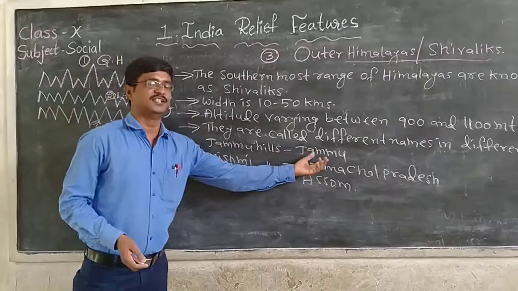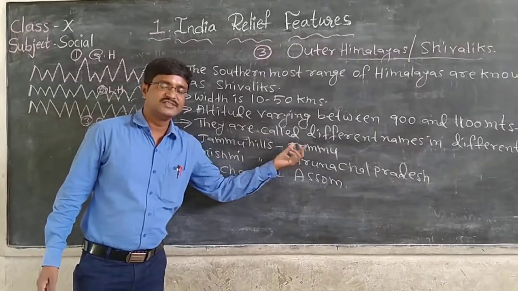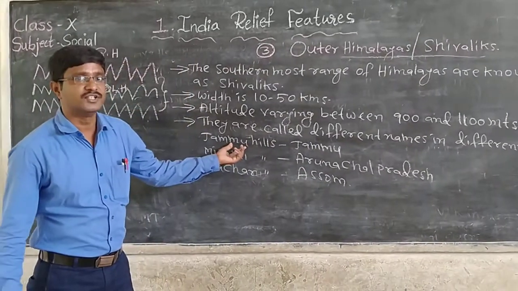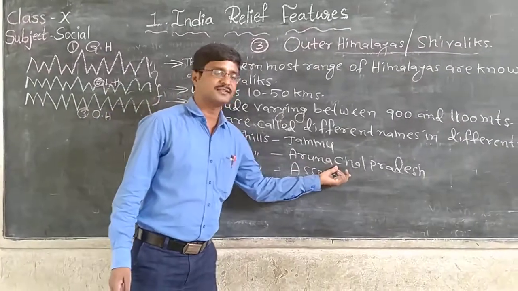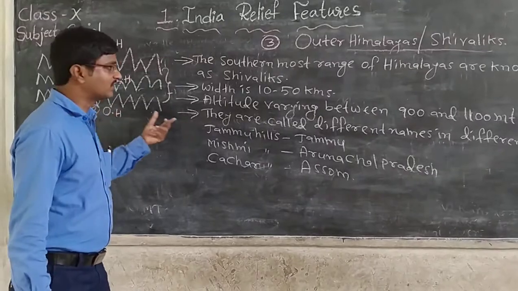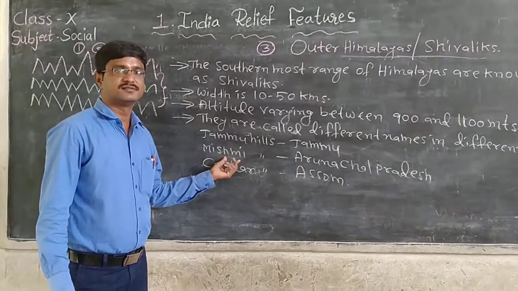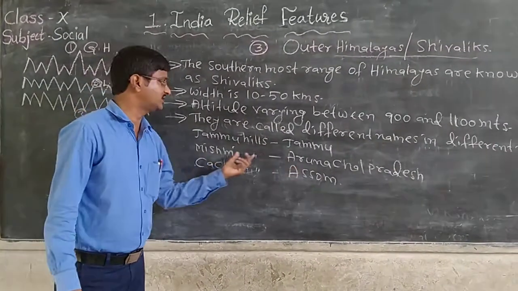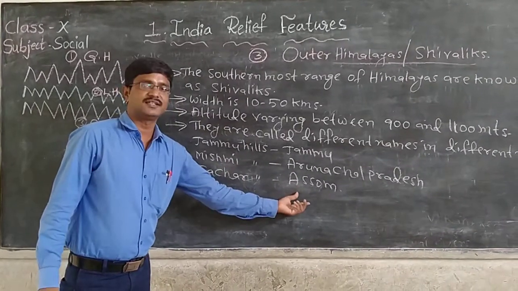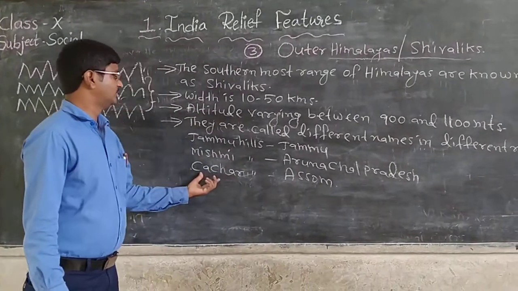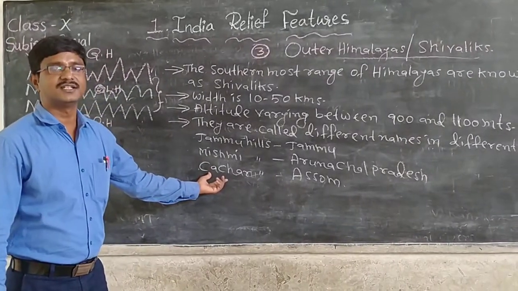In Jammu region, Shivalik mountains are called Jammu Hills. In the state of Arunachal Pradesh, these Shivalik ranges are called Mishmi Hills. In the state of Assam, Shivalik ranges are called Kachar Hills.